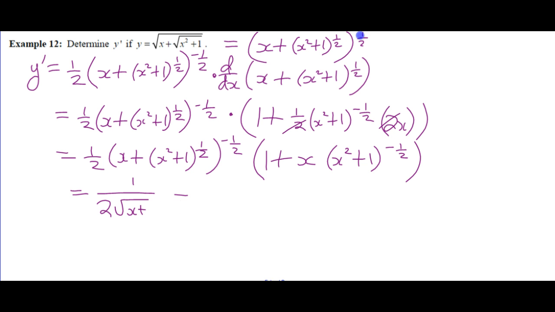Well, it's the root of the root. That's just the original thing, right? The root of x plus the root of x squared plus 1, times 1 plus, and what do we got? x over the square root of x squared plus 1.